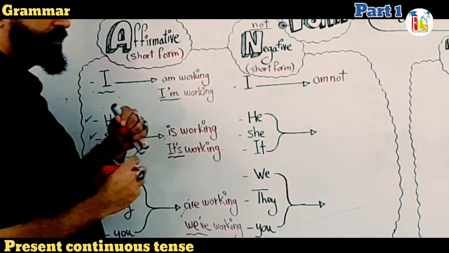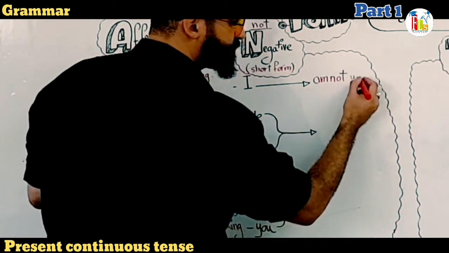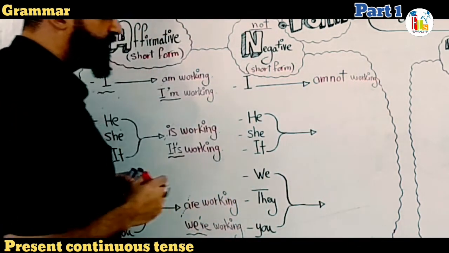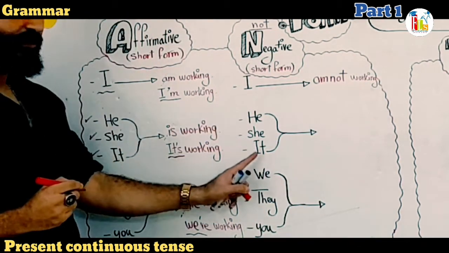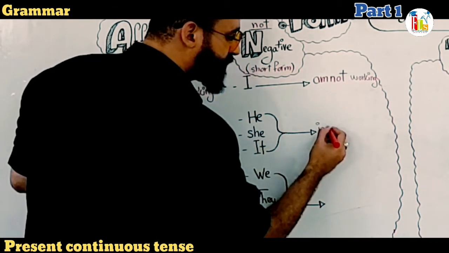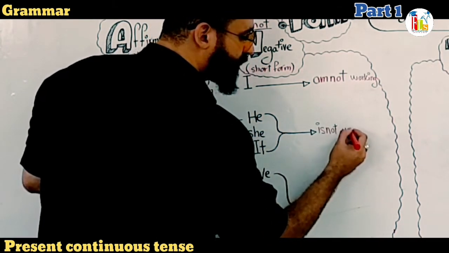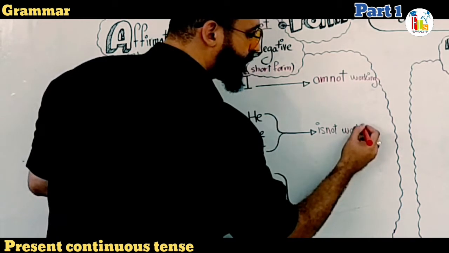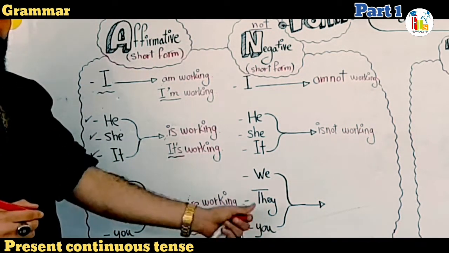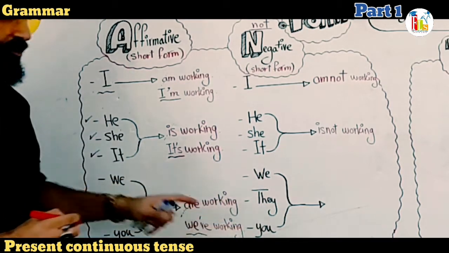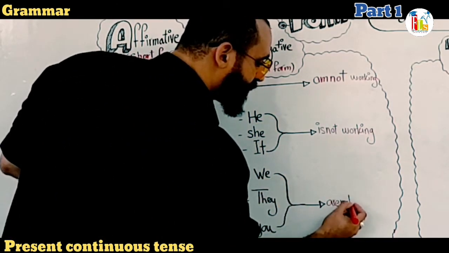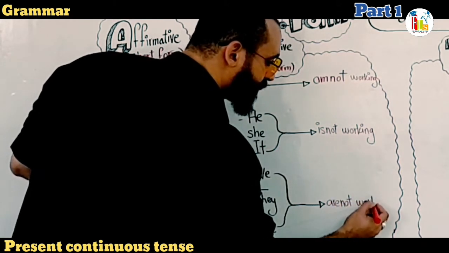I am not working. Perfect. So what about the he, she, and it? It's going to be is not working. And for the third group, we, they, and you, it's going to be are not working.